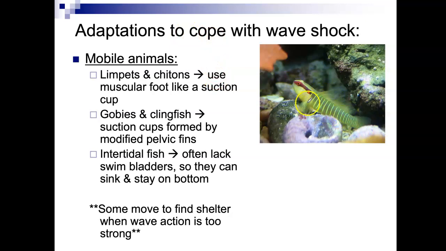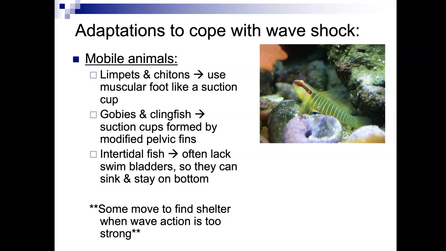Also, gobies and clingfish have these modified suction cups that are formed by their pelvic fins. You can't see their pelvic fins here; these are their pectoral fins, but their pelvic fins underneath will be modified to either prop themselves up on the bottom, or they'll be modified as a big suction cup, which I'm going to show you on a clingfish in just a minute.